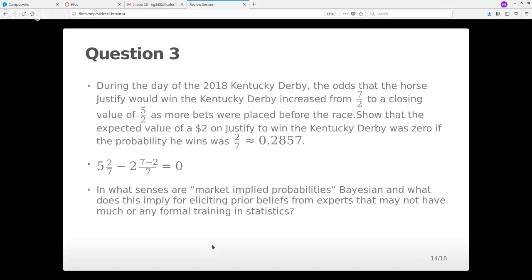Yeah, I think it's not quite that simple because the market has this sort of equilibrium that you could say is the expectation, but you don't really see the whole distribution because there are all sorts of trades that don't happen in equilibrium. So for the Kentucky Derby, you can say the market is implying he has a 2/7 chance to win. Nothing explicitly says that has to follow a beta.